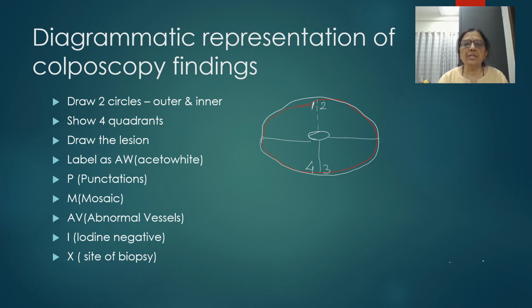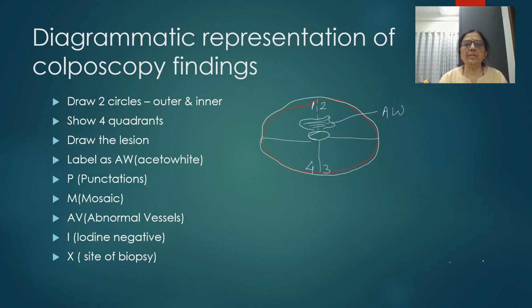Then wherever the lesion is, we should be drawing the lesion like that. So now you see that I am drawing this acetowhite lesion. Then if it is an acetowhite lesion, I will be labeling it as AW.